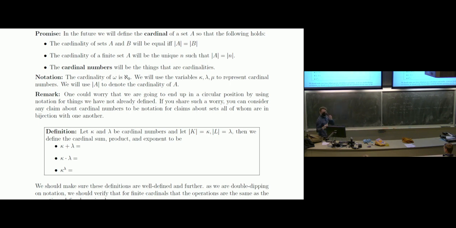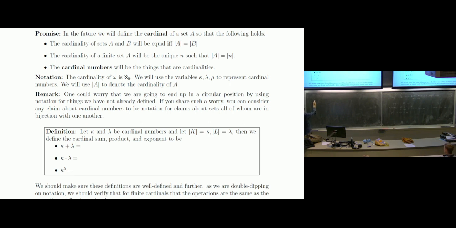Anyway, so cardinal arithmetic. All right, so we've got these cardinals. They're measuring sizes, and I want to compare them and combine them and measure sizes of other things based on those sizes. So firstly, I'm going to tell you how to add, multiply, and exponentiate cardinals.